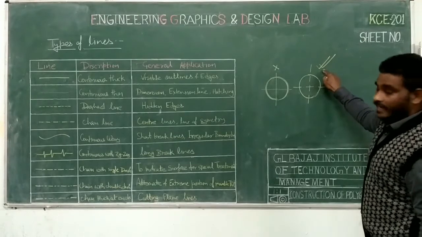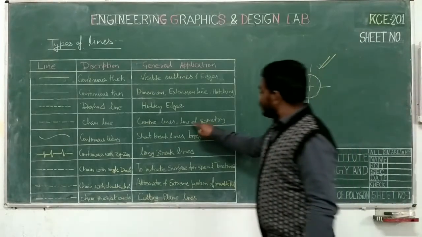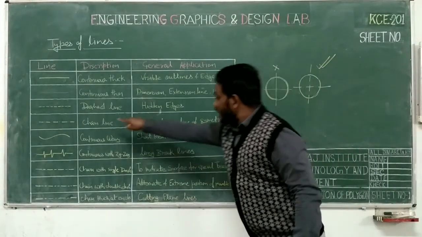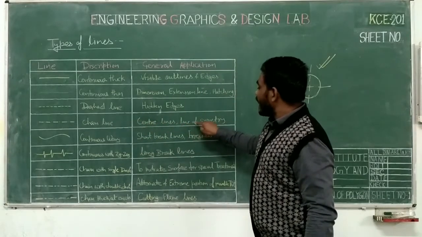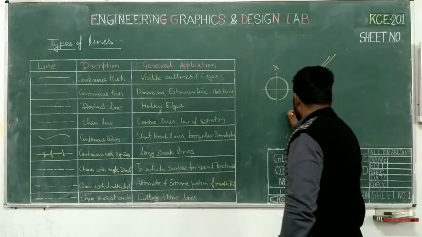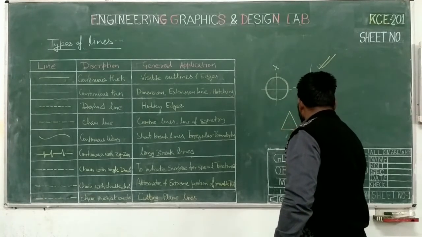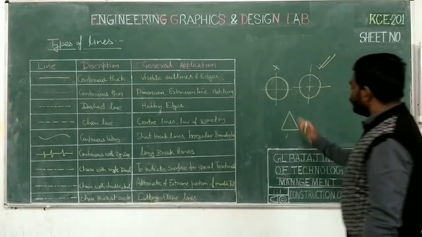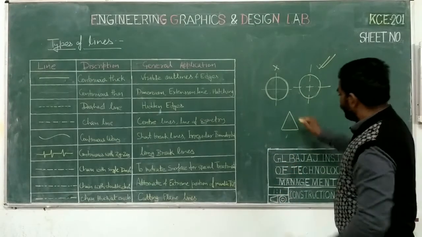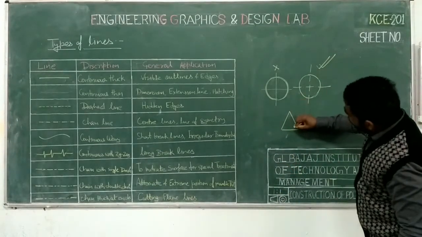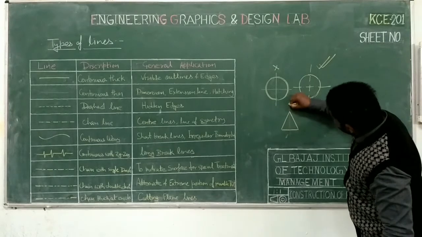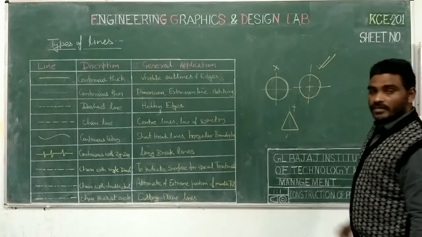This will be correct. And second, chain line is used as line of symmetry. For example, we have this structure and we want to divide it symmetrically from the center. If we indicate it this way, it will be wrong.